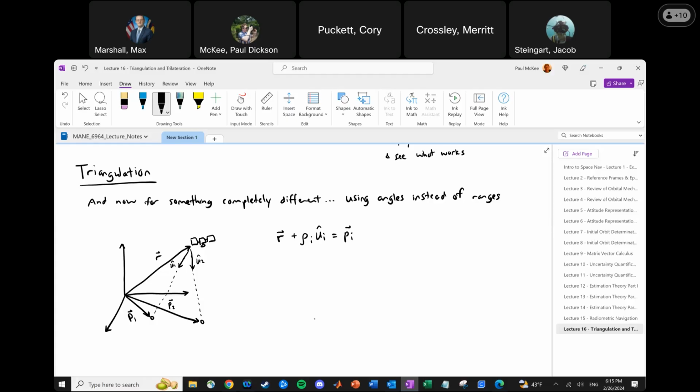So let me ask this question. We know that we need 4 measurements when we're doing trilateration. How many measurements do we need when we're doing triangulation? You just need 3, right? Ah, so what's your logic behind 3, Corey?